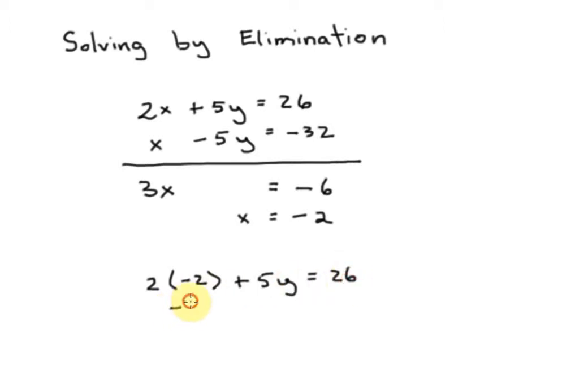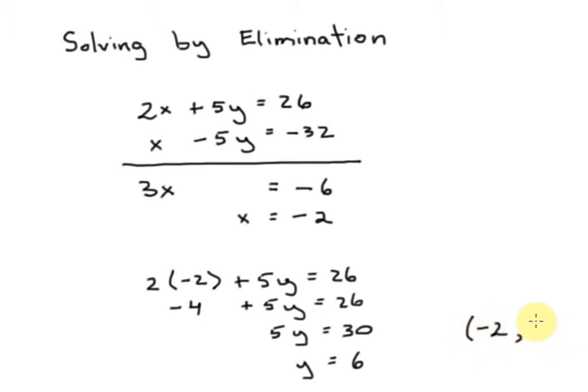I get negative 4 plus 5y equals 26. To get rid of this negative 4, I'm going to add 4 to the other side. And that leaves me with 30, and then I'm going to divide by 5, so y equals 6. So there's my solution. This would be the point of intersection if I graphed the two lines.